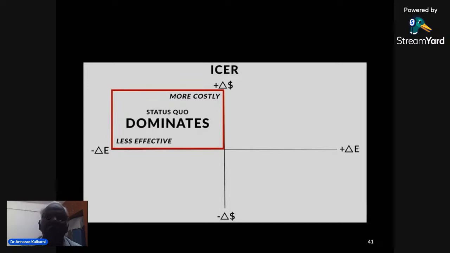So here the status quo dominates. That means not doing anything is better than this intervention, or if we already have an intervention which is less effective but also less costly, that should be continued.